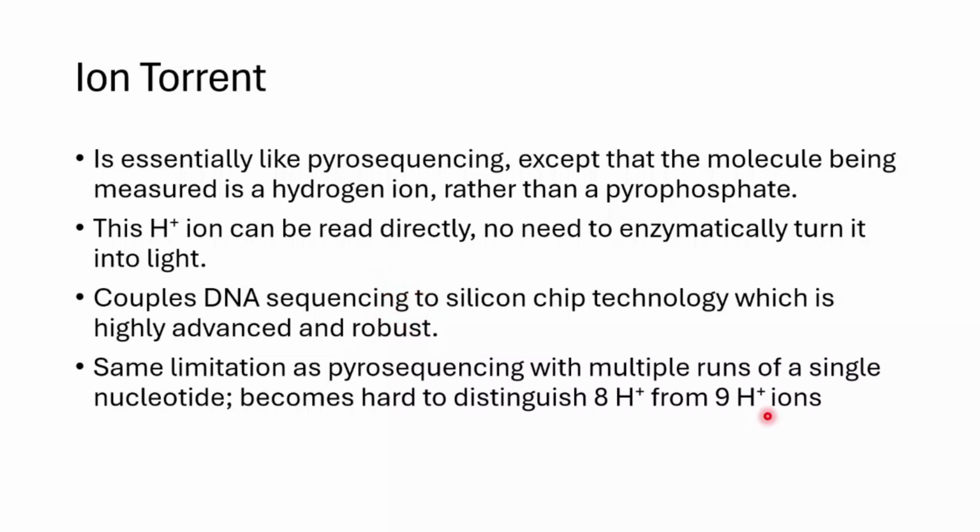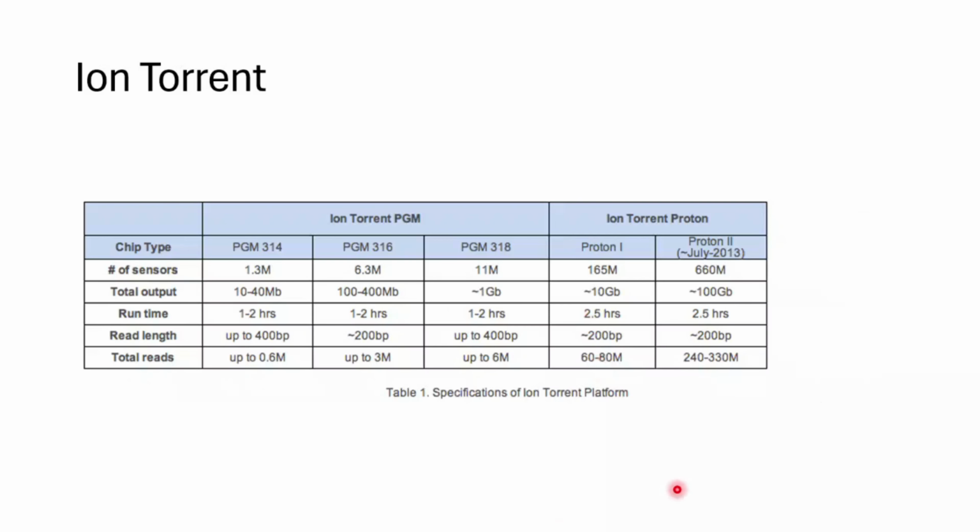It just has the same limitation. You can't distinguish when you get to a high amount of protons released. You start saturating the signal, and you cannot see if you have more nucleotides of that type added or not. At some point, there's no difference. This one is quite cool.